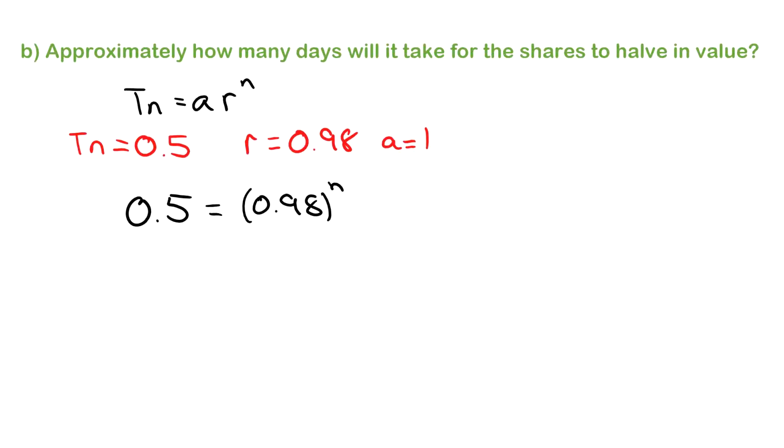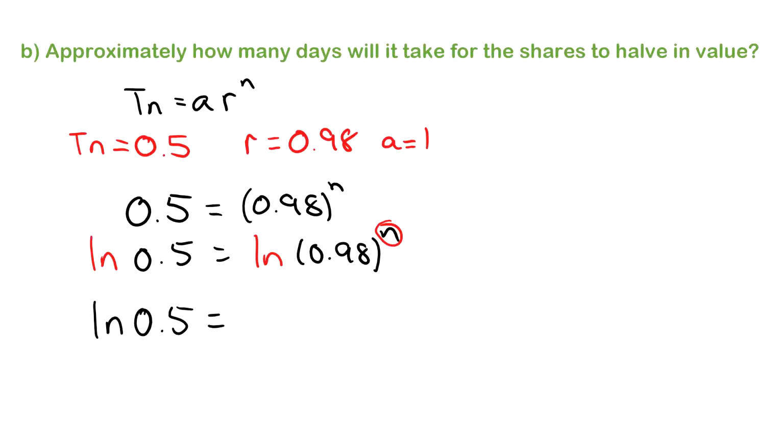So we get ln 0.5 = ln(0.98ⁿ). If you remember your logarithmic rules, the N can be brought down the front, so we end up with ln 0.5 = N ln 0.98.